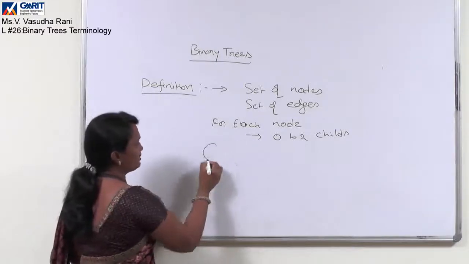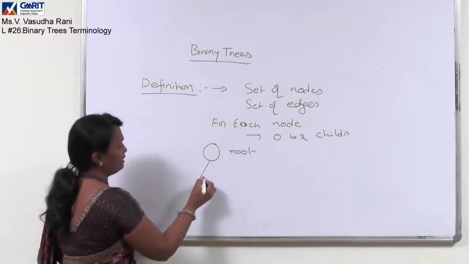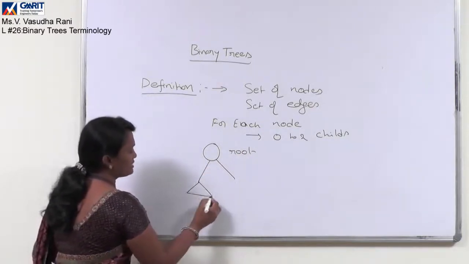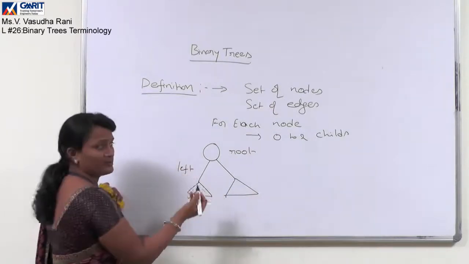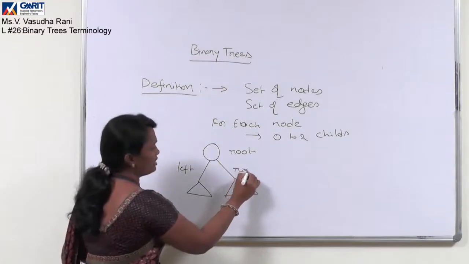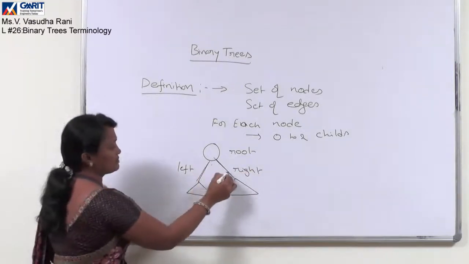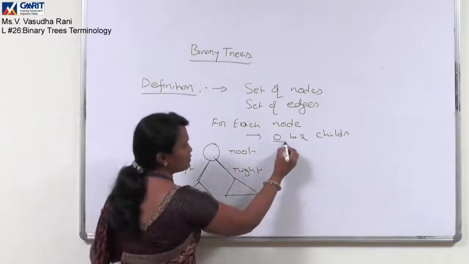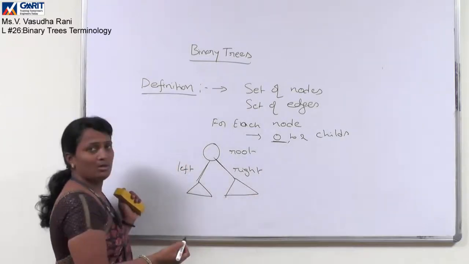So we can assume the first node of the tree is the root node, and this root node is connected with 2 subtrees. This is called the left subtree and this is called the right subtree. At most 2 childs. A node can have 0 childs or 1 child or at most 2 childs.